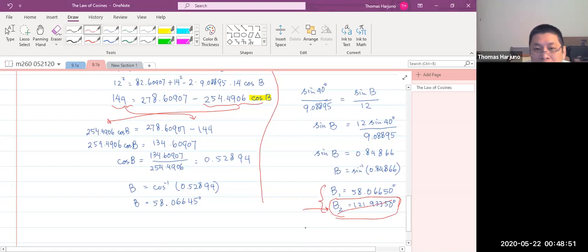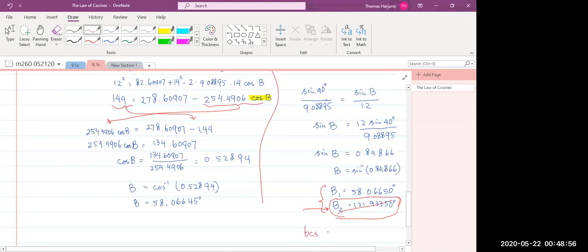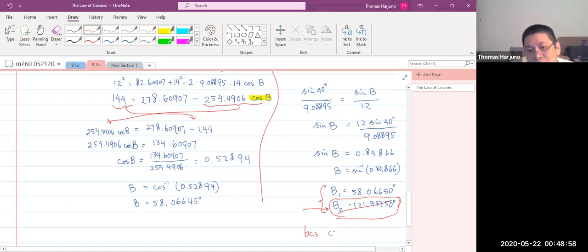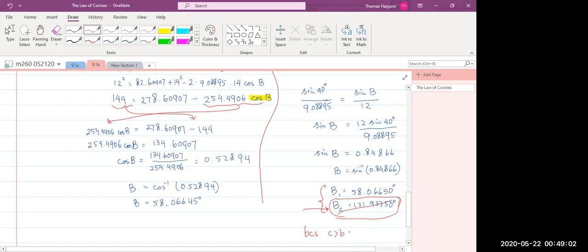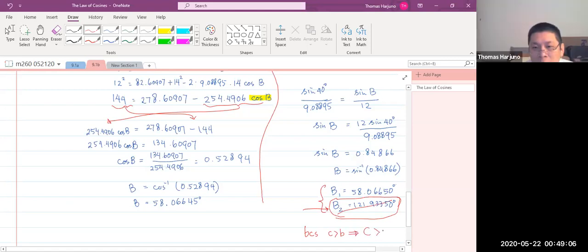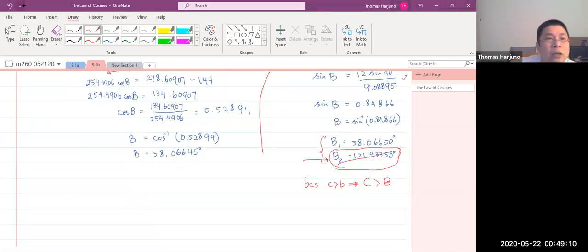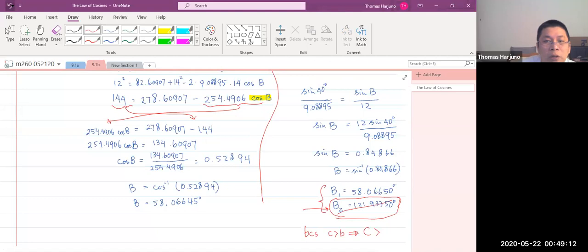You reject that because side C is greater than side B, which implies angle C will be greater than angle B. Suppose I need to change my notation a little bit.